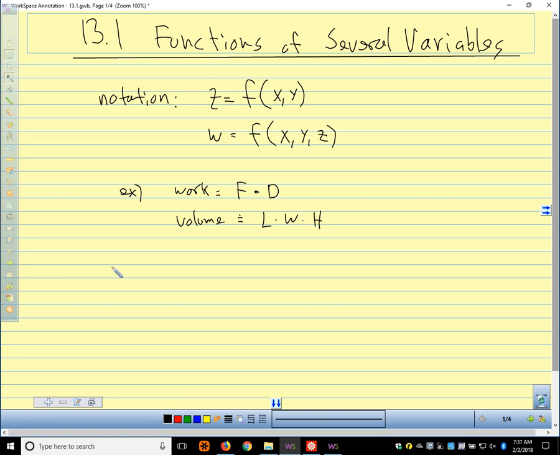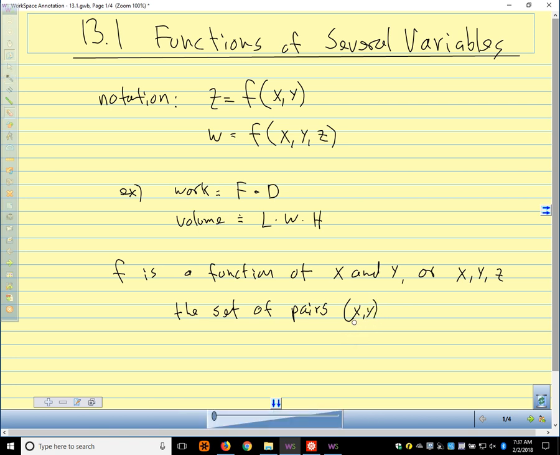And we say f is a function of x and y, or x, y, z, and the set of pairs x, y, or triples x, y, z, depending on how many variables, is the domain.